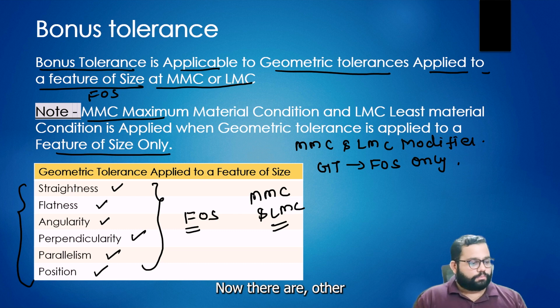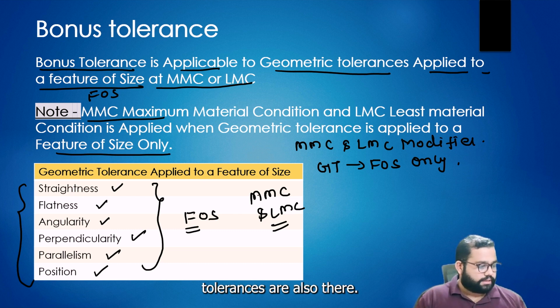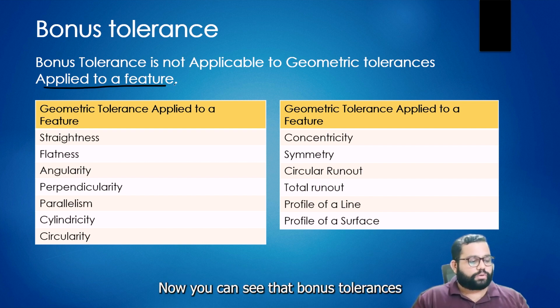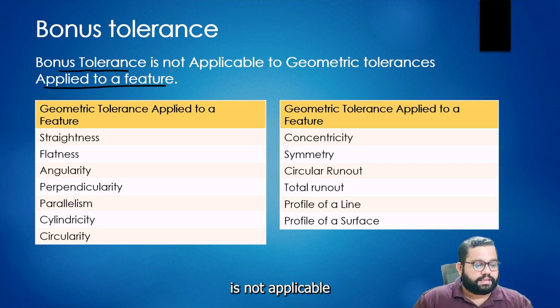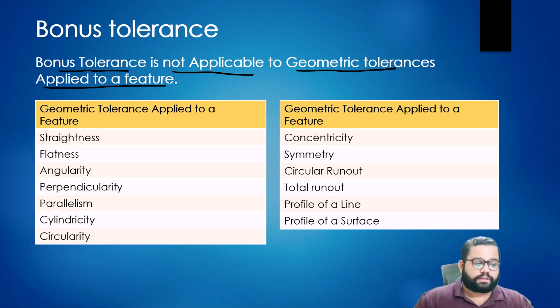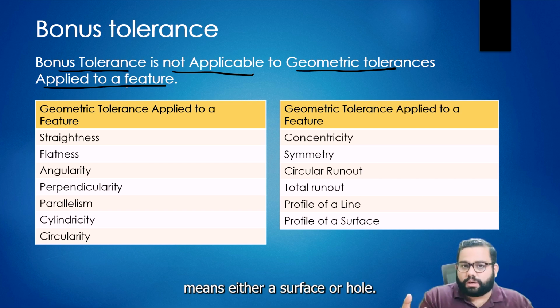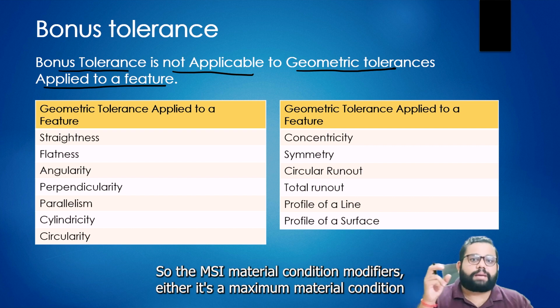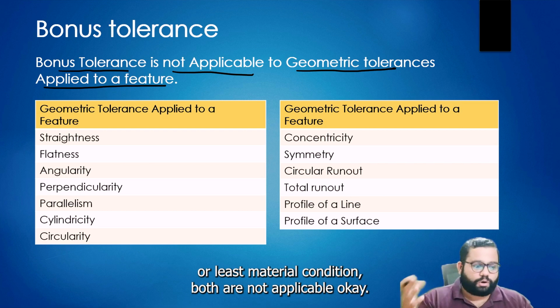Now there are other tolerances also. Bonus tolerance is not applicable to the geometric tolerances applied to a feature. Whenever we are providing the geometric tolerance to a feature, meaning either a surface or a hole, the material condition modifiers, either maximum material condition or least material condition, are both not applicable.